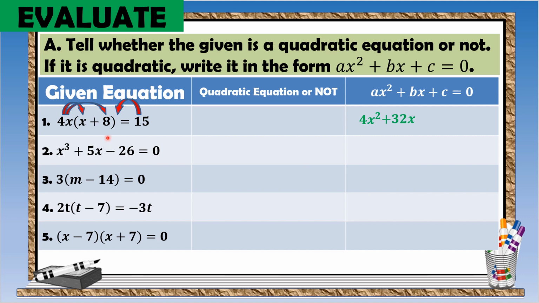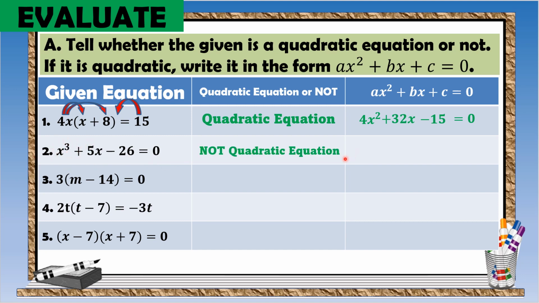Then transpose positive 15, so it gives us negative 15 equals 0. So this is already in standard form, so it is a quadratic equation. Then next we have x cubed plus 5x minus 26 equals 0. Since the degree of this equation is 3, it is not a quadratic equation.